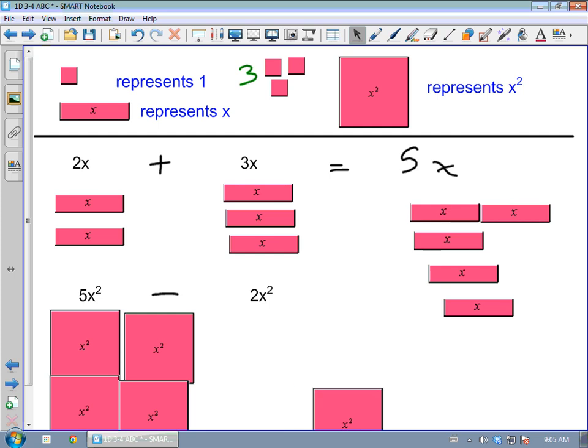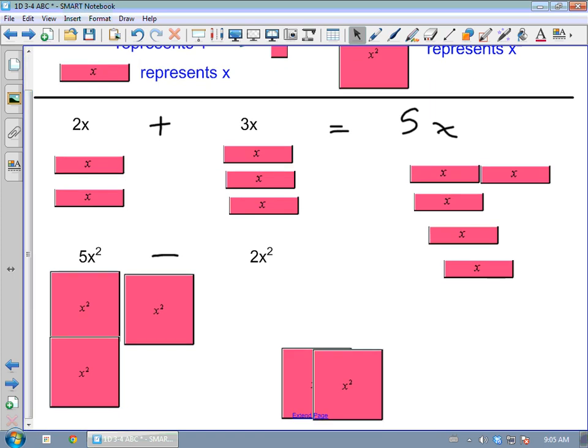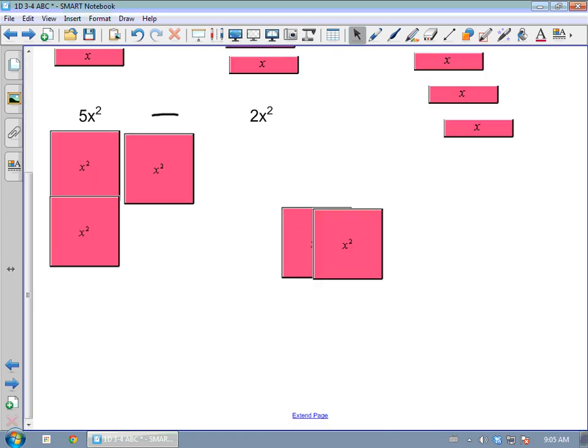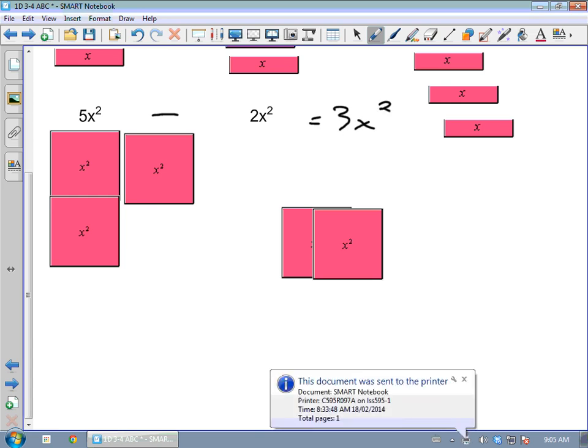Sorry, you guys can't see that very well. So if I started with 5, I took away 2x squareds, what am I left with? 3x squareds, right? Okay? This is the essence of adding and subtracting like terms.